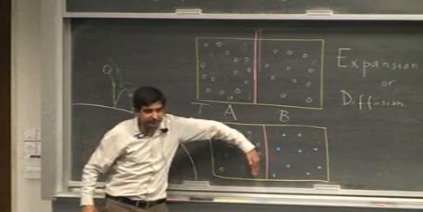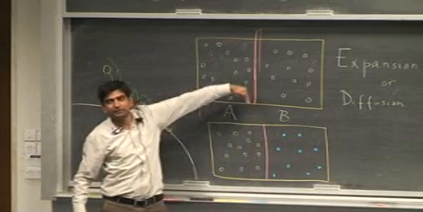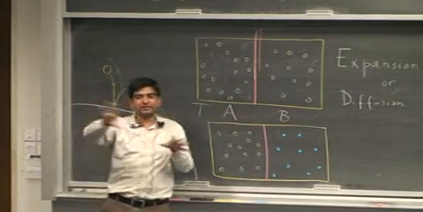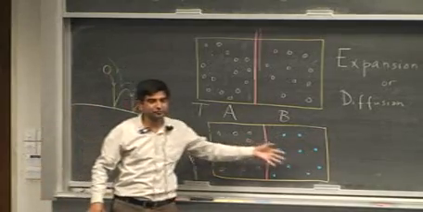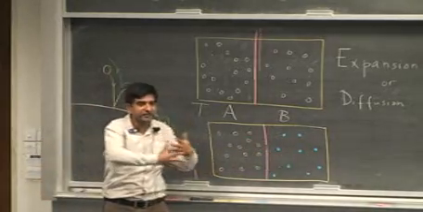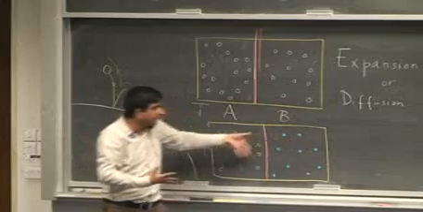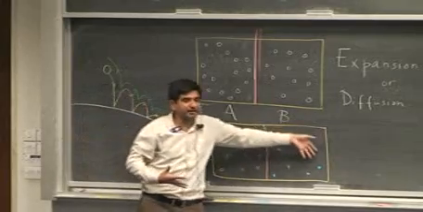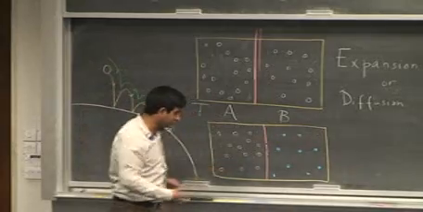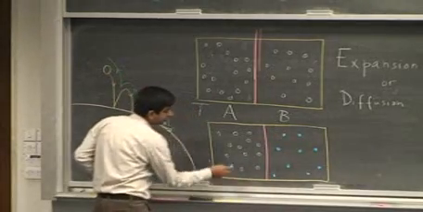And if I slowly lift the screen up, there would be an equal distribution of gaseous atoms inside the two chambers. So they will intermix freely. B will expand into A and A will expand into B. So the final configuration will look something like this.